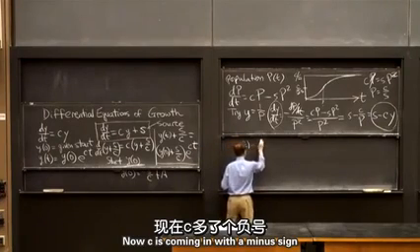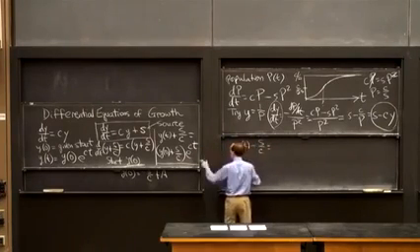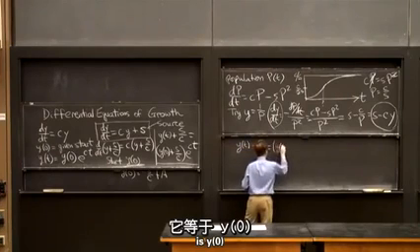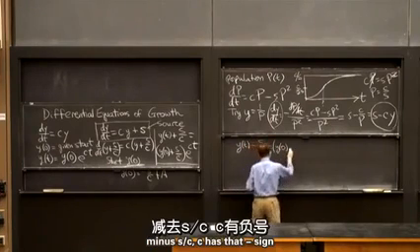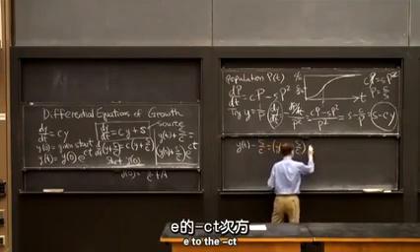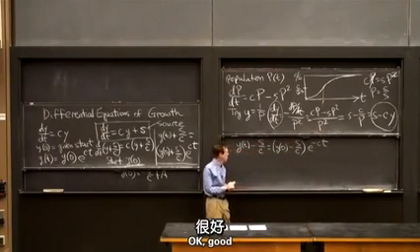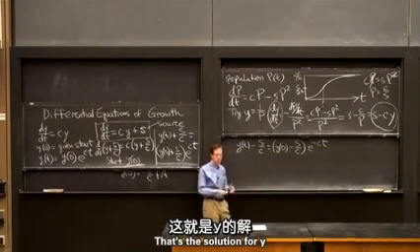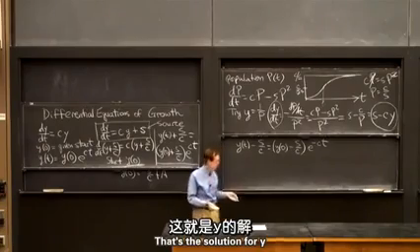Now c is coming in with a minus sign. Is y of 0 minus s over c. C has that minus sign. e to the minus ct. Okay, good. That's the solution for y.